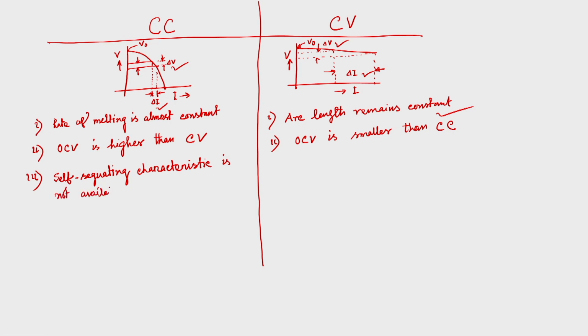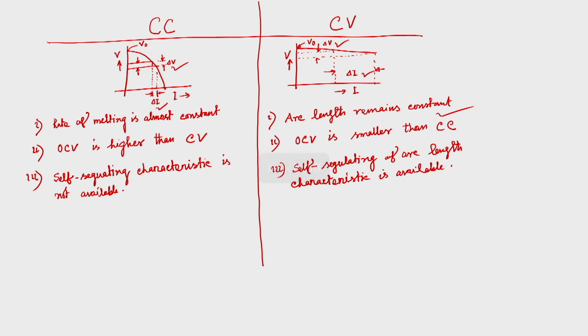That means self adjustment of arc length is not available: if the arc length changes, it stays changed. But in constant voltage the self regulating of arc length characteristic is available.